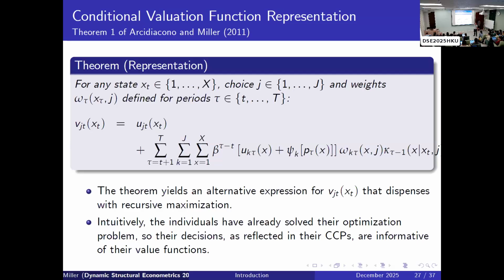See that? No optimization involved. The agents have already done it, okay? The agents have already picked what's optimal for them, and we are just leveraging off their optimizing behavior when we write down this representation.